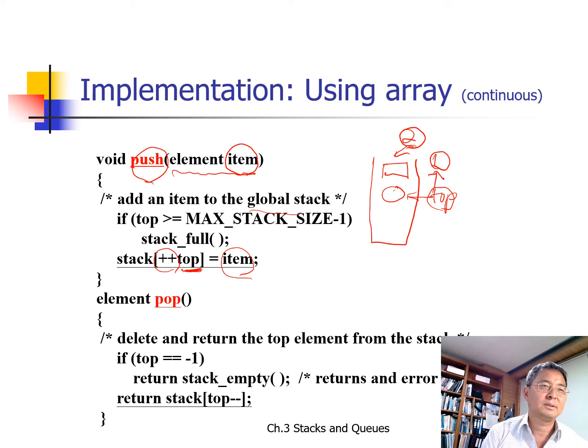So the order is important. That means, how can you rephrase this line? So this one line may be separated into 2 lines. Plus top is the first line, and the second line is the stack.